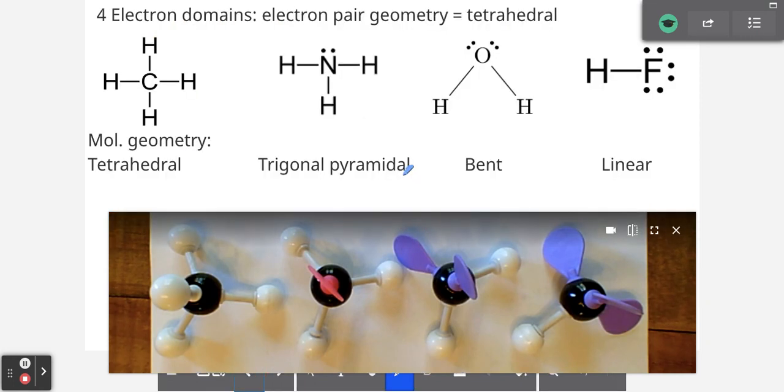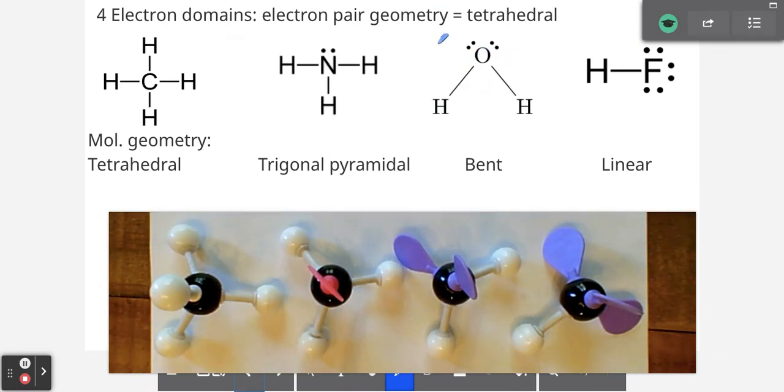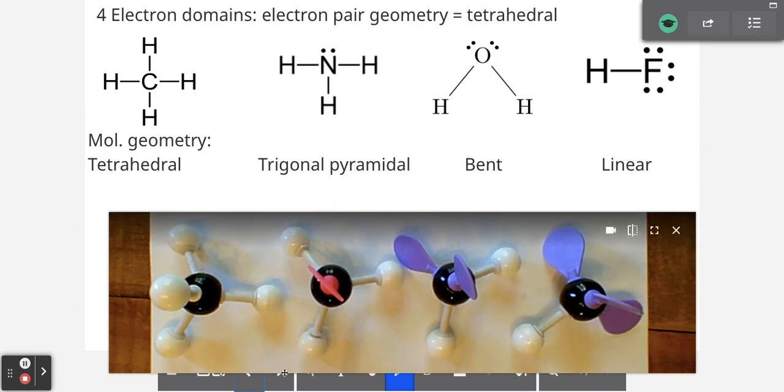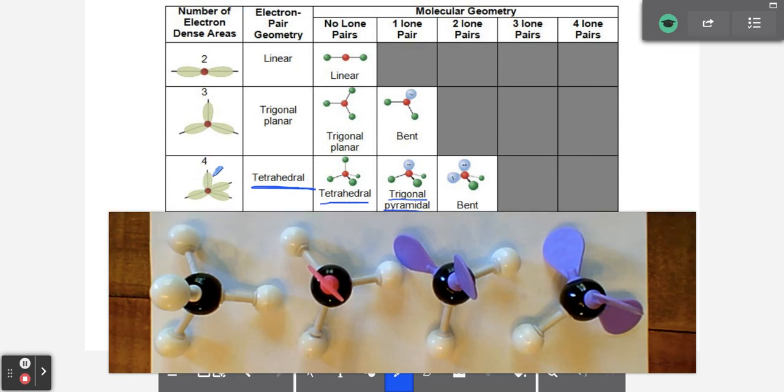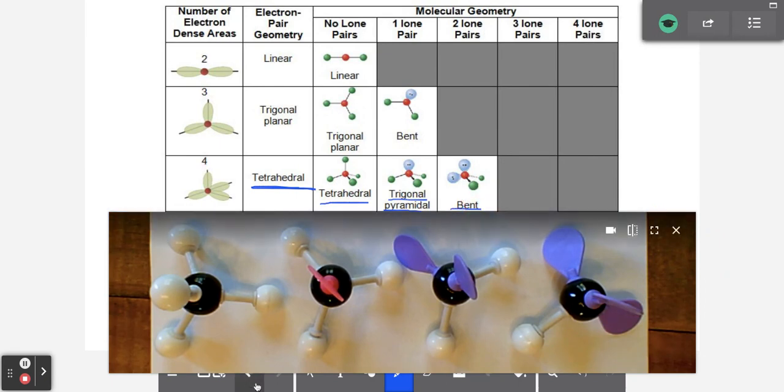Next, if we have 2 lone pairs, as in the case of H2O, right here, it is bent in terms of its molecular geometry. And we get that by looking at this chart, 4 electron dense areas with 2 lone pairs, a bent geometry.